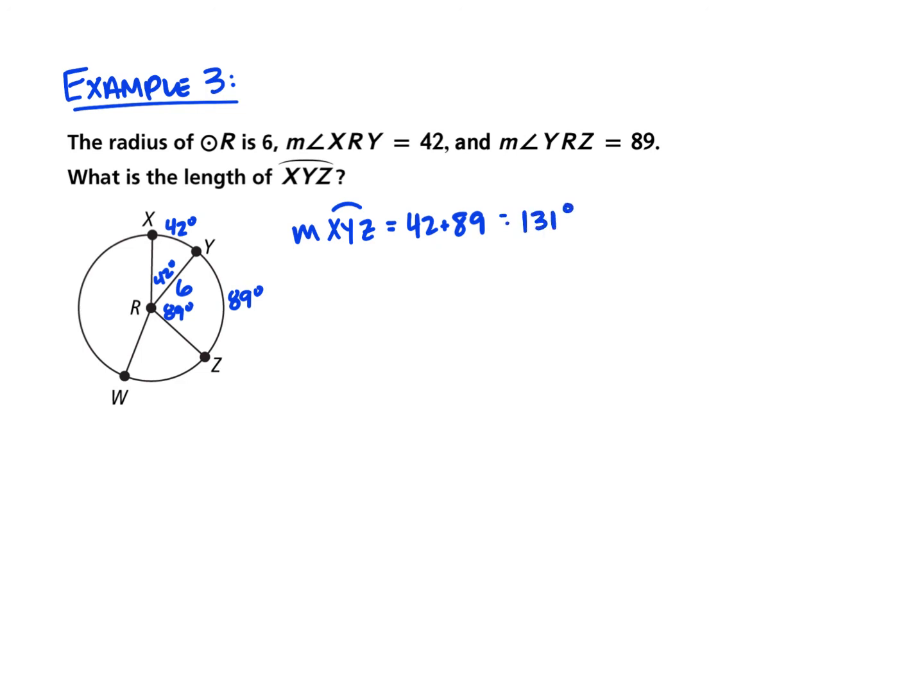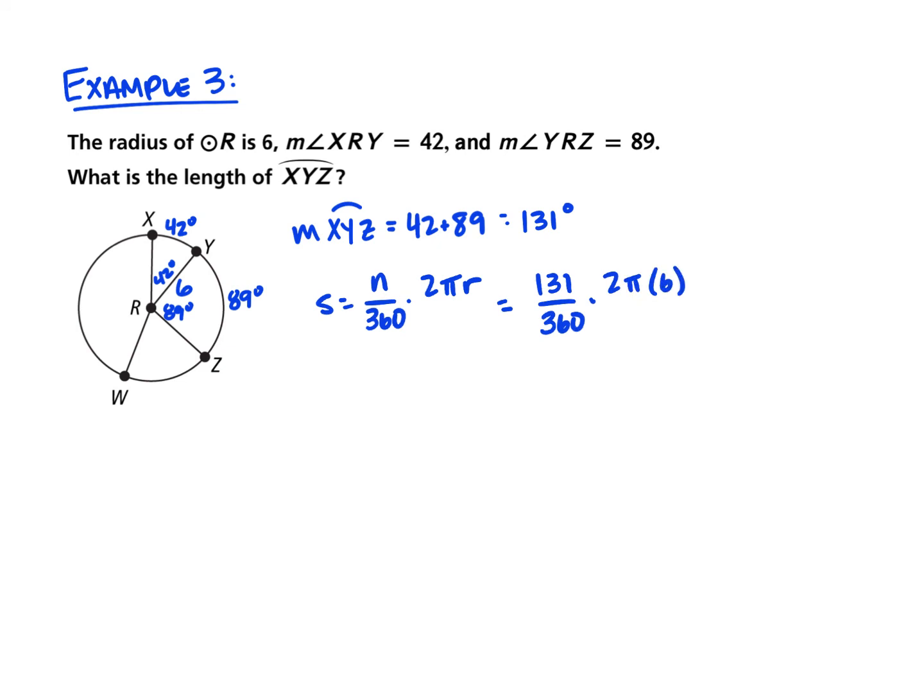So that arc has a measure of 131. If I want to find its length, I'm going to say that its length is going to be equal to the arc measure over 360 times 2 times pi times the radius of my circle. So that's going to be 131 over 360 times 2 times pi times 6.